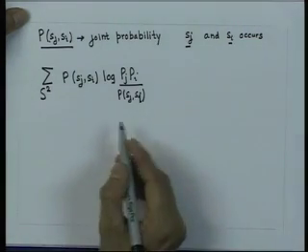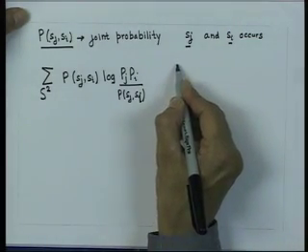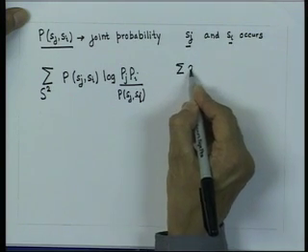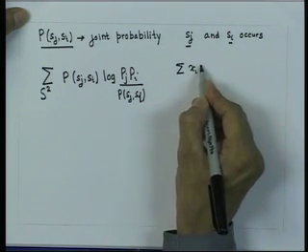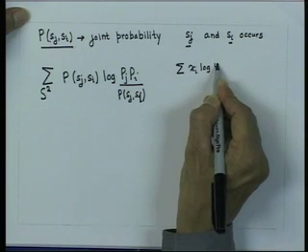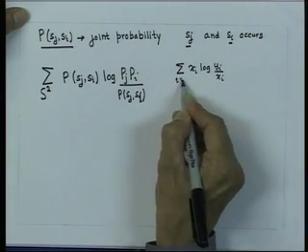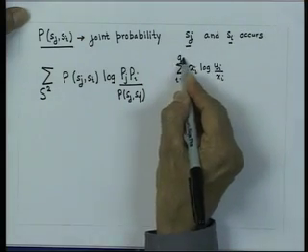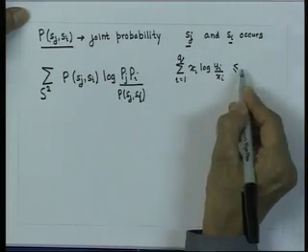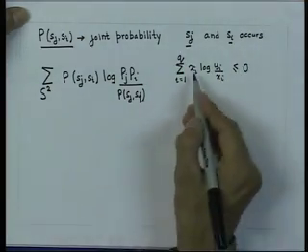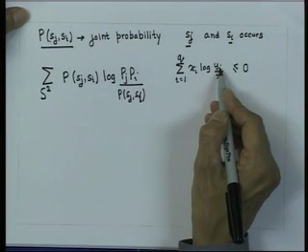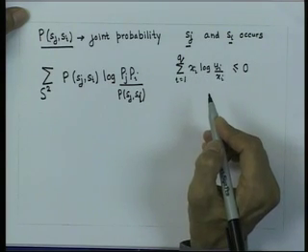Now, we have seen earlier that there is a relationship of the form sum of xi log of yi over xi, i equal to 1 to q, is always less than or equal to 0, where xi and yi are sets of probabilities.